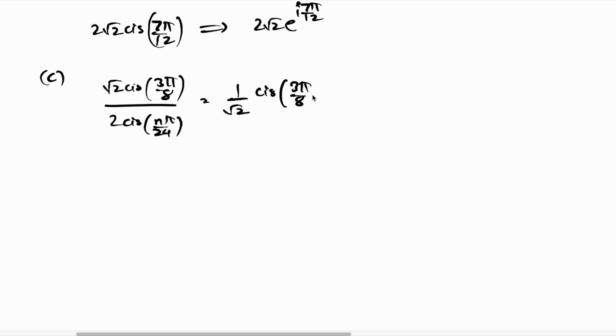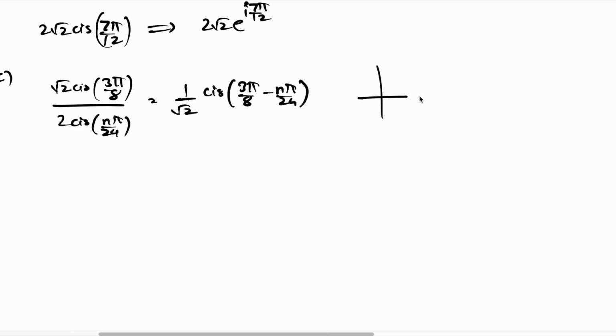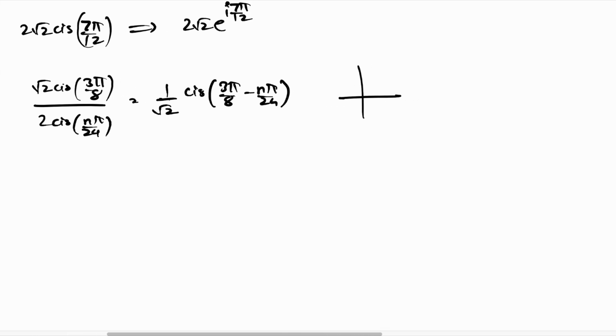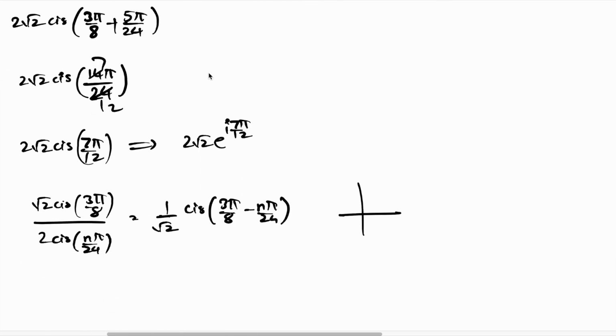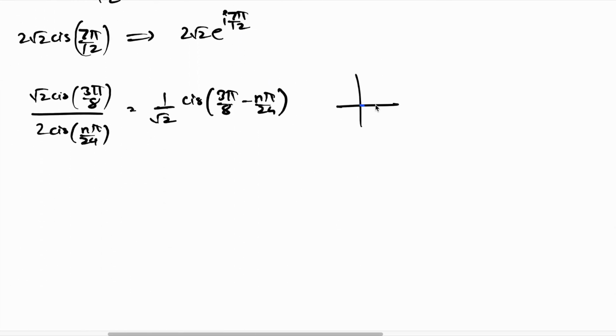So 3 pi by 8 minus n pi by 24. Our complex number should belong to real numbers, not positive real numbers, actually just real numbers. So that means it can either be pointing towards the left or be pointing towards the right. So the possible values of the argument are 0, pi, 2 pi, 3 pi, 4 pi, and so on and so forth. And similarly on the negative side, minus pi, minus 2 pi, and so on and so forth.